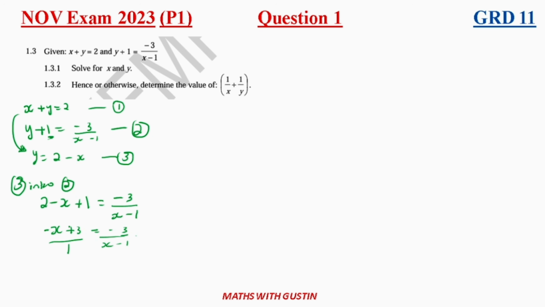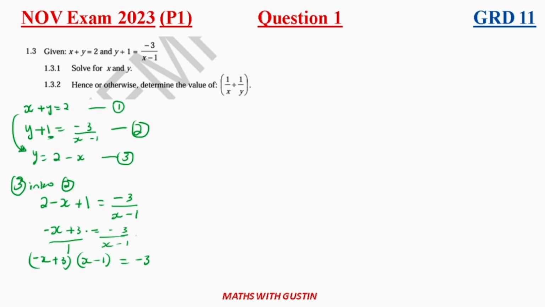Okay, so now let's have a look at this simultaneous equation right here. Where are we now? Cross multiply. If we cross multiply, we're going to have (negative x plus 3) in brackets, and then we have (x minus 1) equals negative 3. Okay. So this is what we have for now.